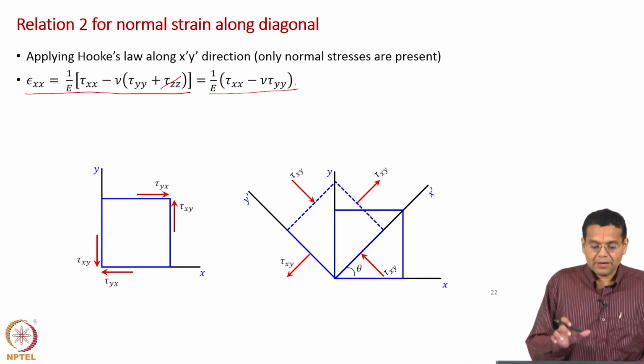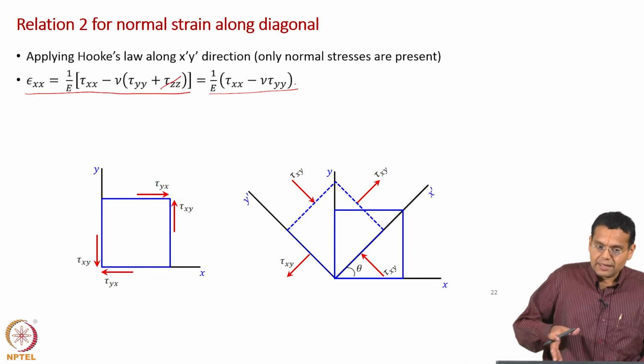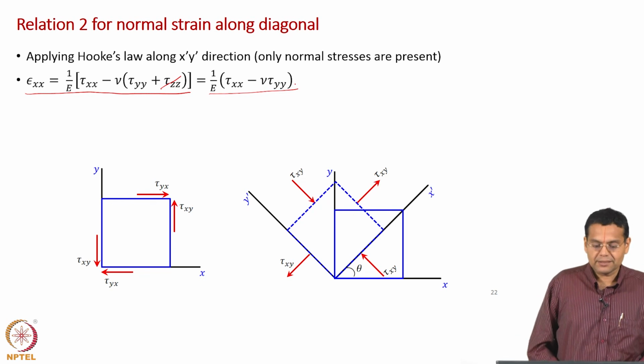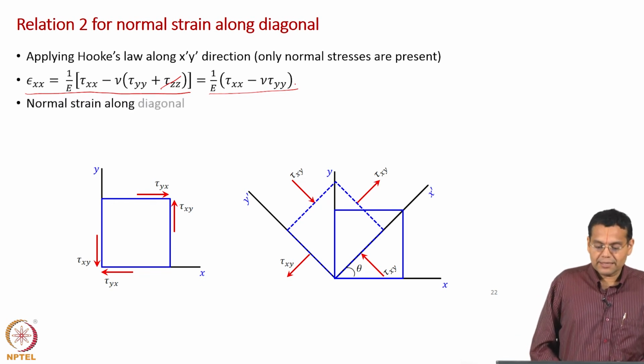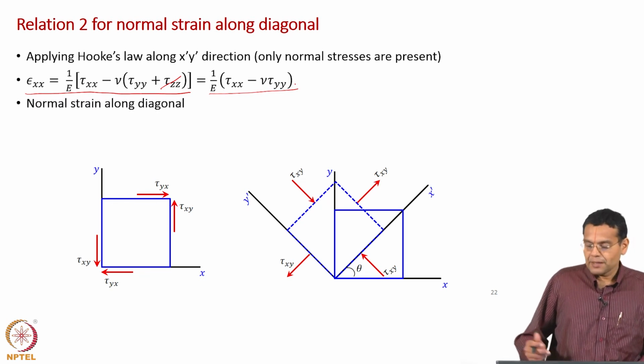So, this is the simple expression for the present case. Now, we have to apply this along the x dash axis, so normal strain along the diagonal. The x dash axis and the diagonal coincide with each other.